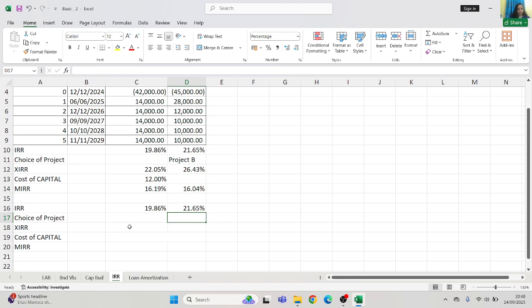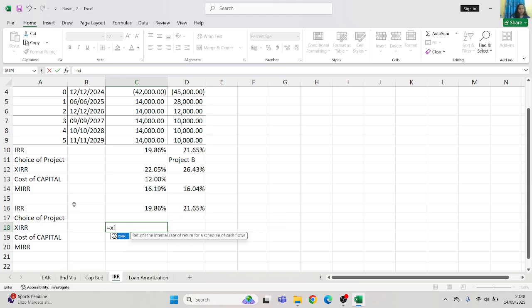Now we calculate XIRR. For this we have to type equal, then we type XIRR, then we type tab, values, for project A, dates.